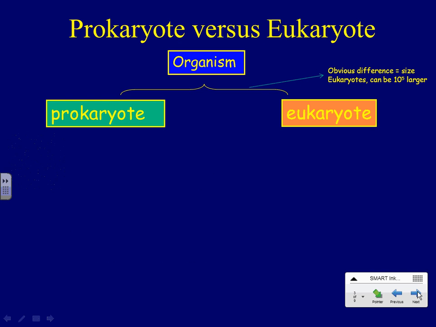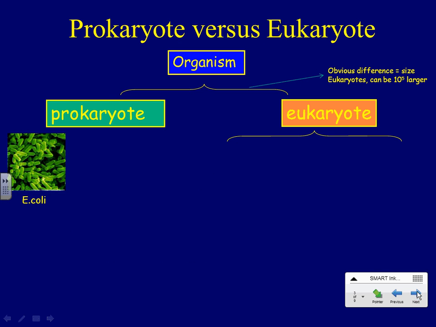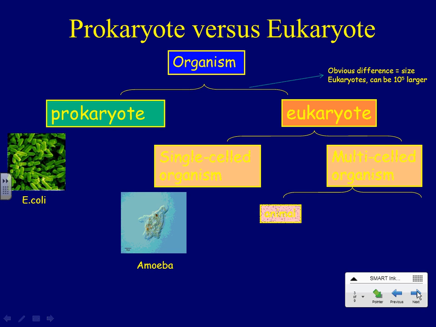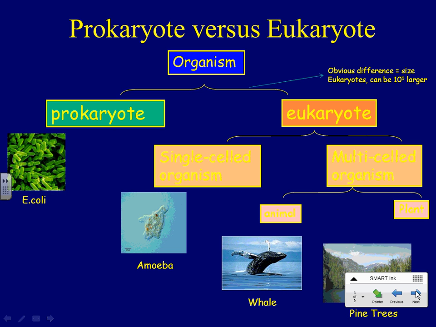So let's talk about the different types of cells that we can have. This is just a little bit of a flow chart, and it doesn't have to look quite as fancy as this, and I'm not a fan of the animations, but I do want you to write the title, Prokaryote versus Eukaryote, and then write down this little flow chart. It doesn't have to have those particularly shaped brackets; it's just a bunch of arrows.